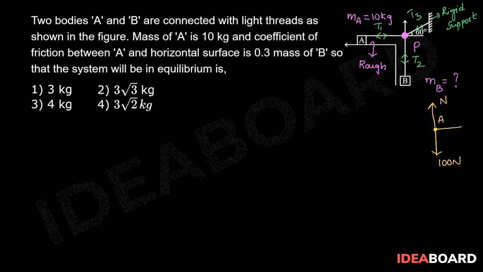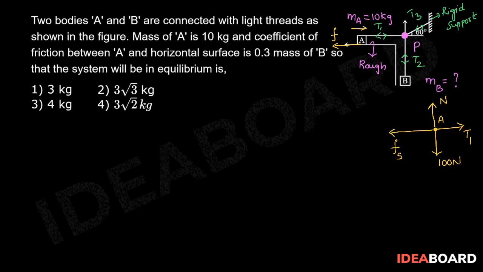Tension T1 acts horizontally towards right, and because of this tension T1, the block tends to move towards right, so there comes a frictional force towards left. Since the system is in equilibrium, this frictional force will be static friction.